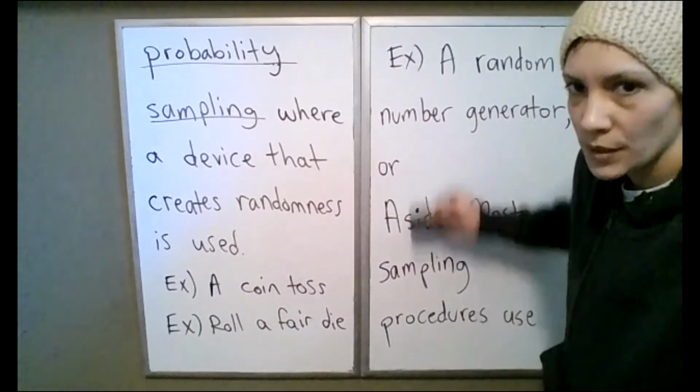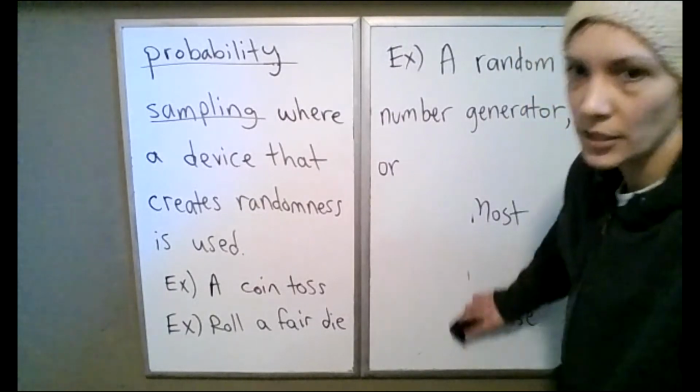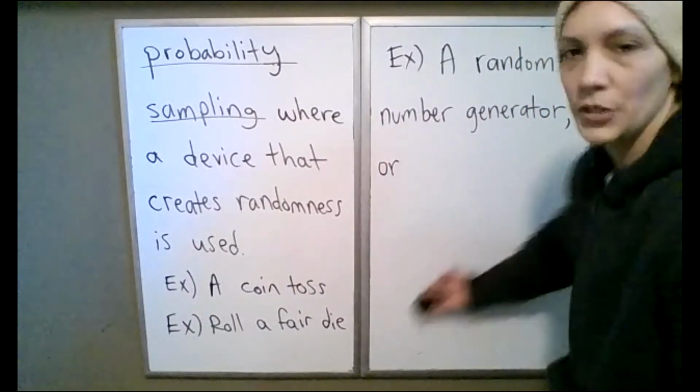Or let's say each person is represented by a letter and you use a random letter generator, which you could also Google.